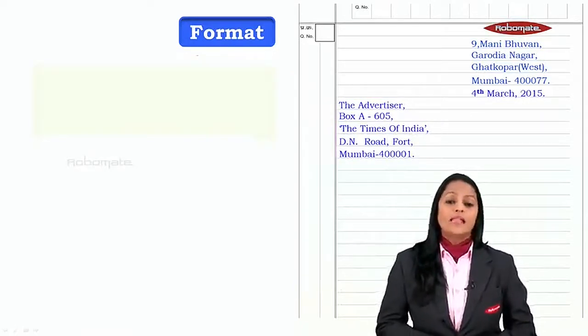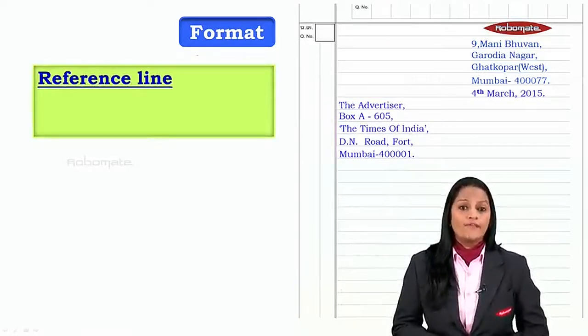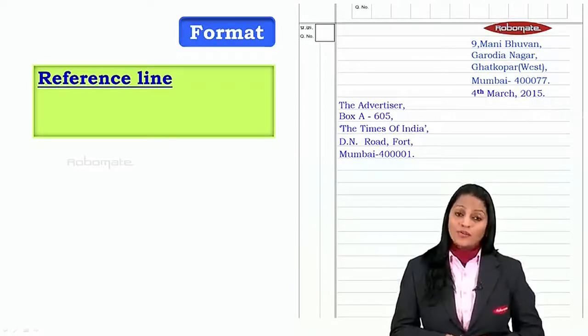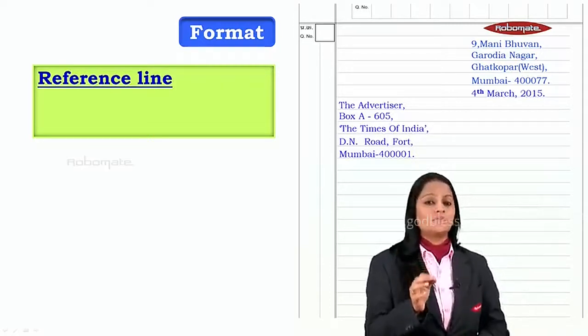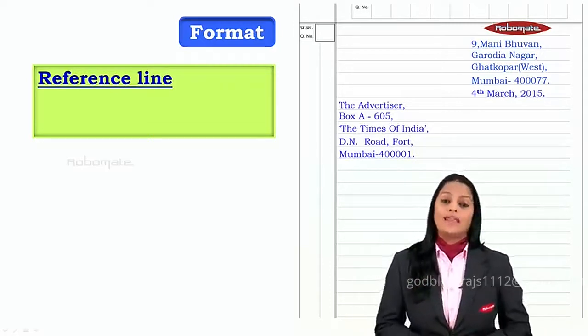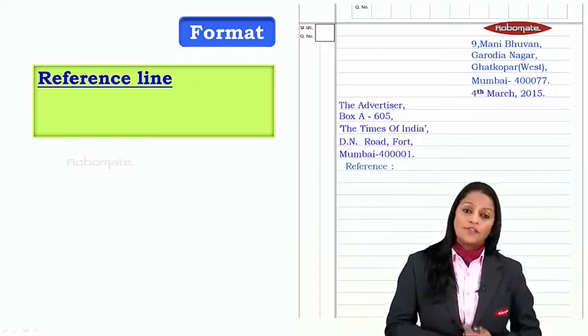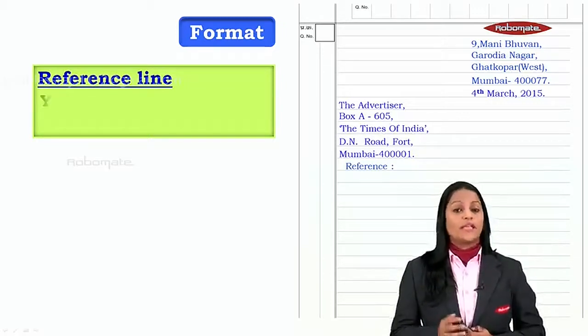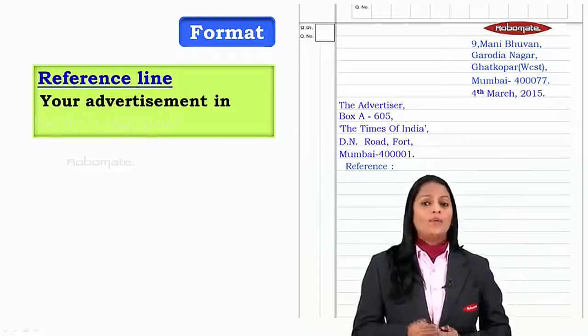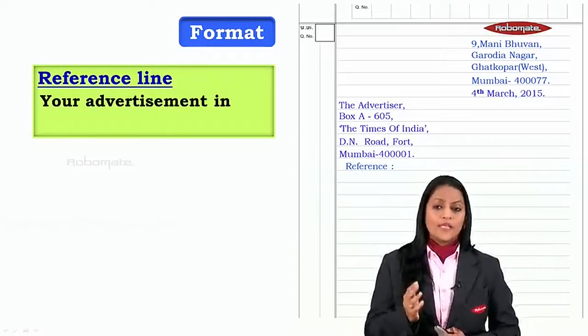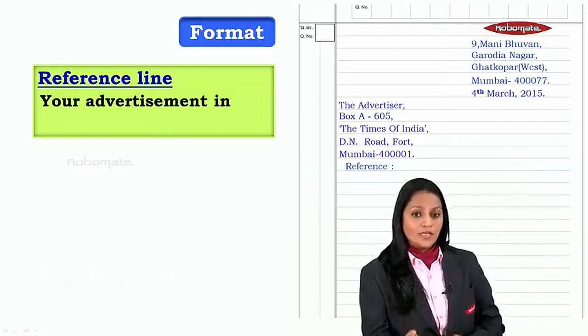Now students, let's go on with the reference line. Students, remember I told you the reference line is something that is additional in an application letter. Where does it come? Immediately after the to address. So here it is. Again, let it be in the center. And how will you start writing the reference line? You will say your advertisement in. Why reference?